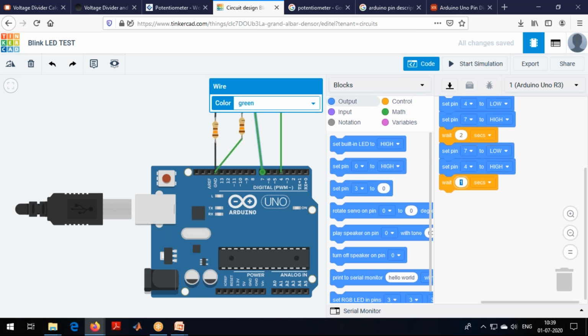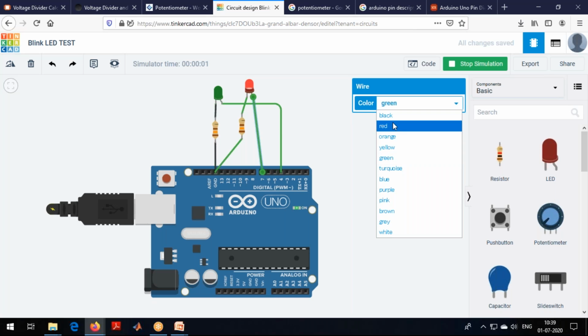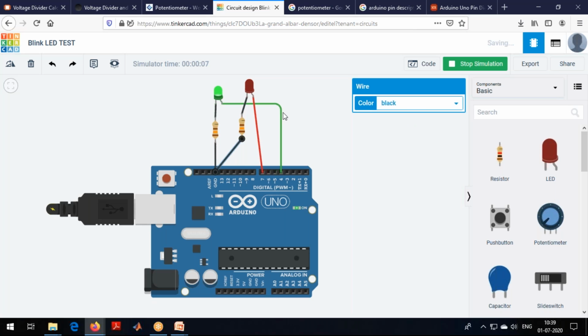This one also I'll make 2. See, now alternately they are glowing.